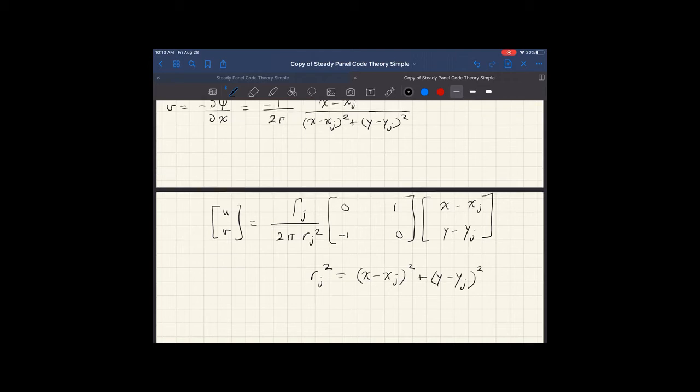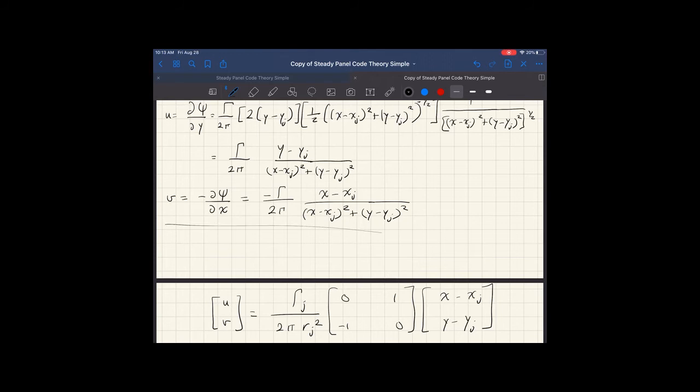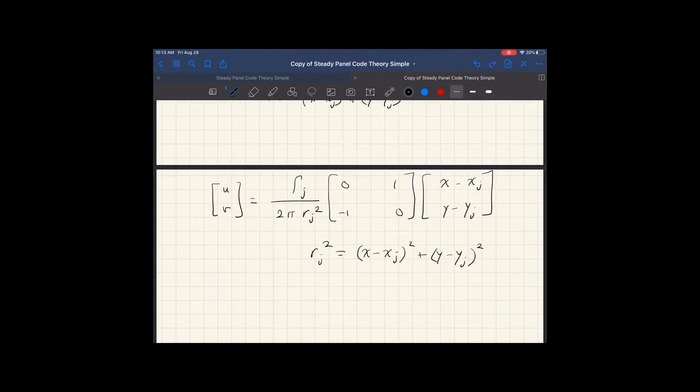And all I did here was take these two equations and put them into a matrix form. So I'm gonna rectangle that here.